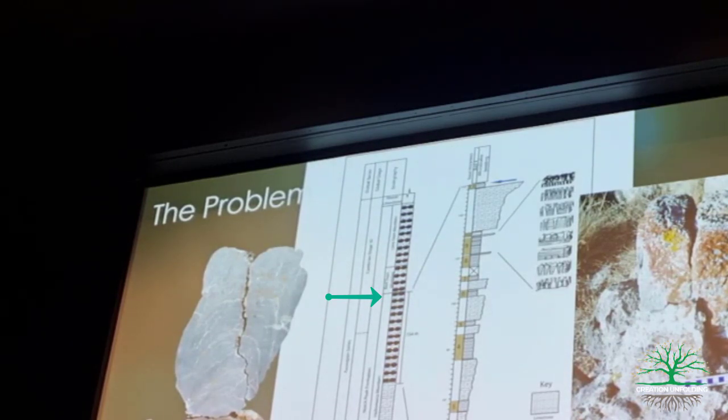stromatolite layers in it. This is a blow-up of that. You can see you've got a stromatolite layer there, which is about 15 feet thick. Then you've got a waxstone layer, which is non-fossiliferous. Then you've got another stromatolite bed, and then a waxstone bed, and another stromatolite bed, and so on and so forth.